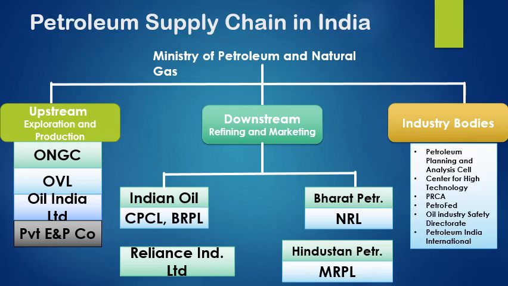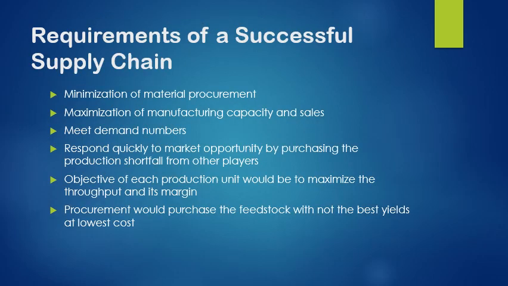See the industrial bodies. I've shown the list of industrial bodies for the petroleum supply chain in India. That way, if you look at the end-to-end petroleum supply chain management, at every level there are different operations and different bodies. Some of them are government and some are private.